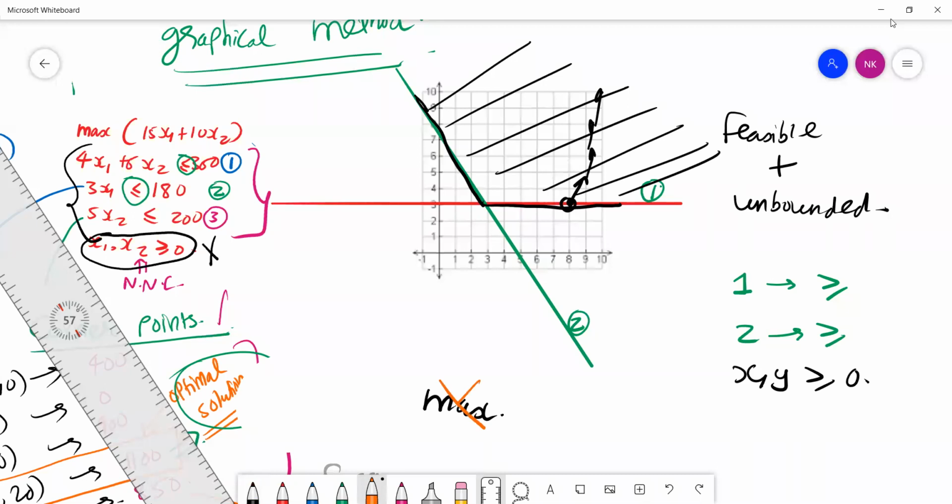Instead, it will be a minimization problem, and you try to find the minimum value. So depending on the feasible regions, depending on the boundedness of the regions, your objective function will have maximization or minimization cases.